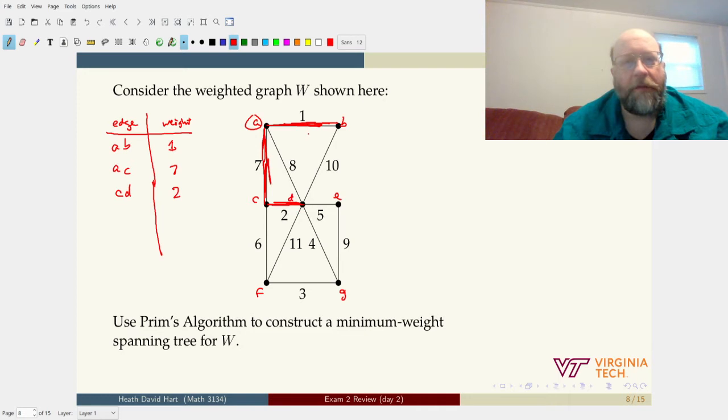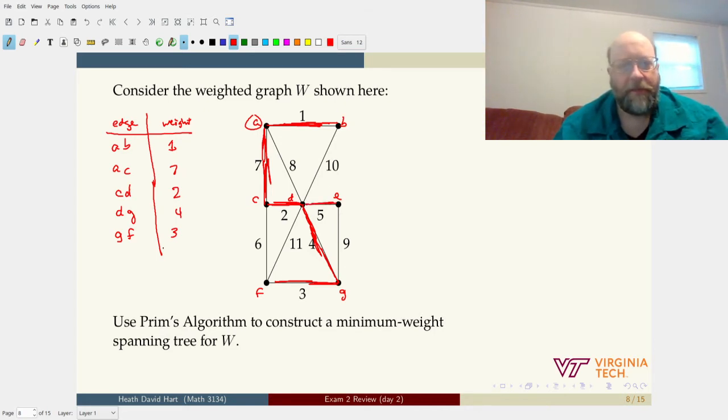All right, coming out of all of these different vertices, the cheapest edge I can find is the 4 that gets me to G. And then the cheapest edge that continues on is 3 from G to F. And then 5 from D to E. And at that point, all the remaining edges will create cycles.